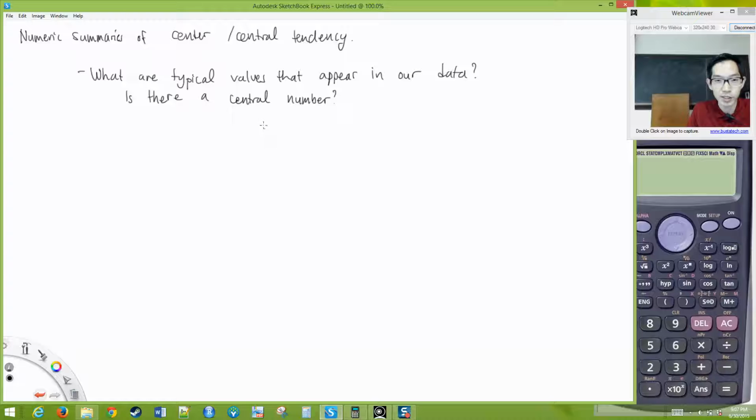So that's what measures of center and central tendency is. Is there a central number?